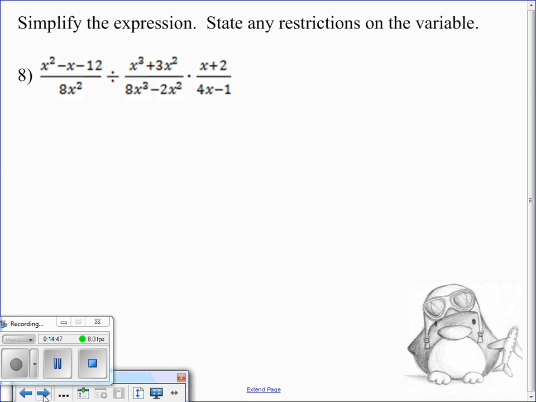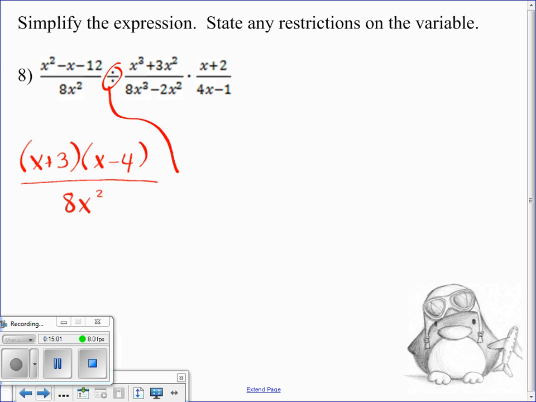So the first one, I'll go ahead and factor. Good. x plus 3 and x minus 4 over 8x squared. The division will flip to multiply, and that middle fraction is the one I'm going to flip over.